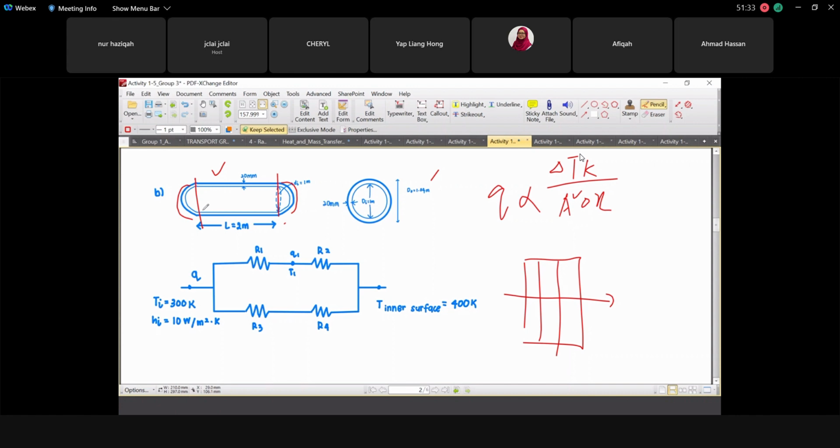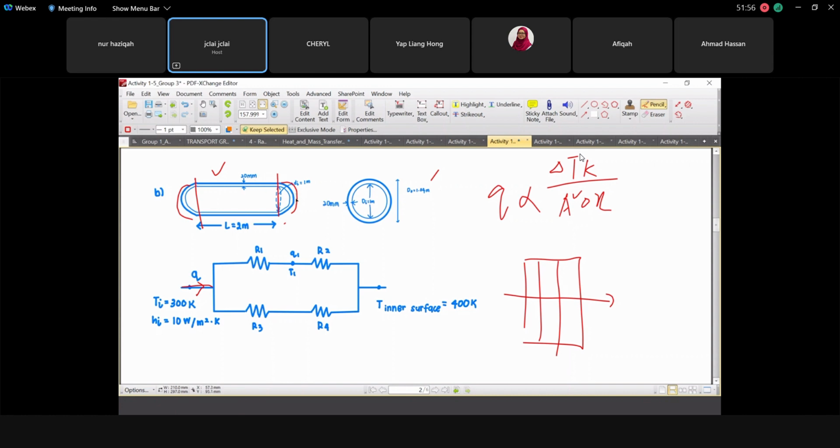So that's why, when the heat is being transferred from inside to outside, it passes through two parts. Part number one is through the cylinder.